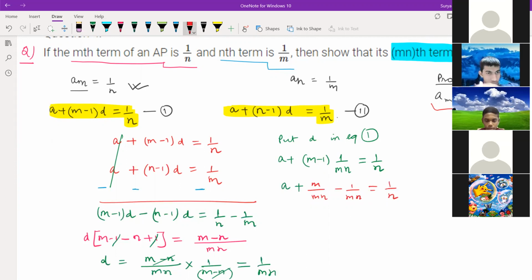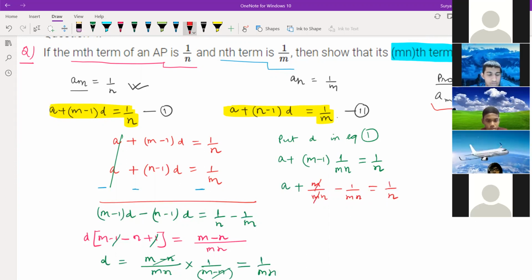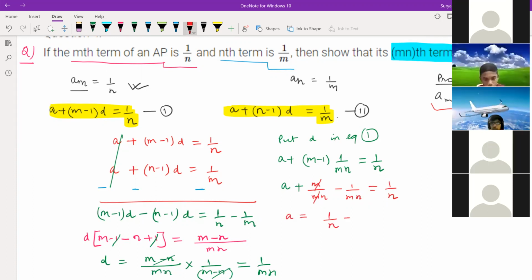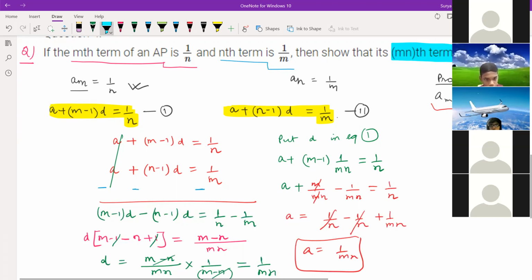So what we can do now, here m and m will get cancelled. So a is equal to 1 by n minus 1 by n plus 1 by mn. So this will get cancelled. So a also we got the same, 1 by mn. So a is also 1 by mn and d is also 1 by mn.